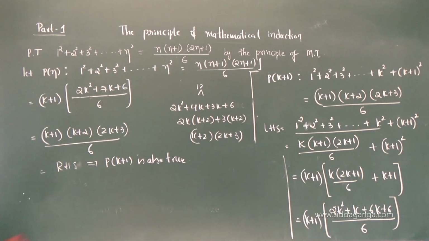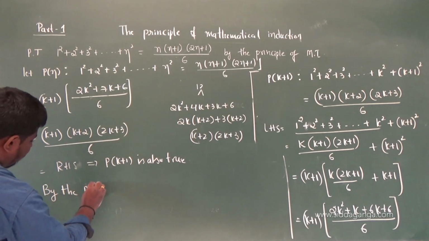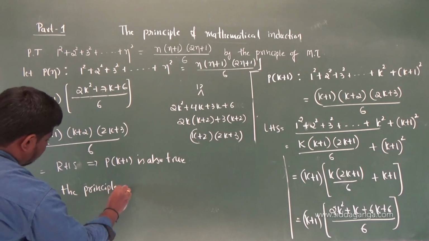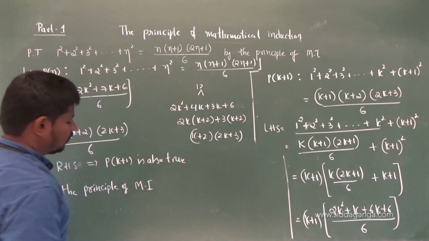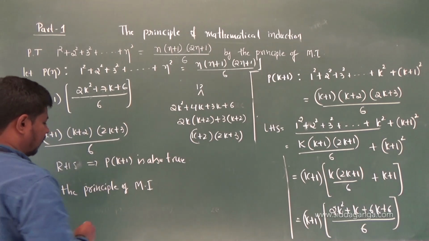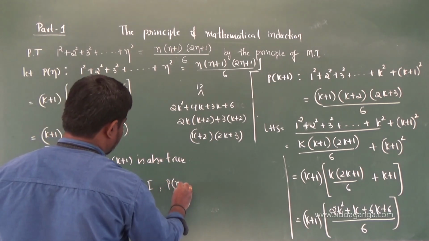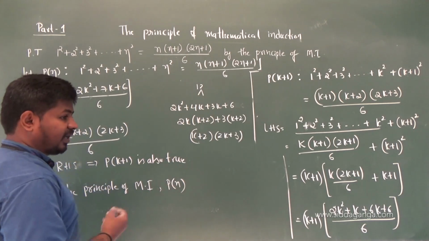Therefore, to write the conclusion is a must. By the principle of mathematical induction, you should write this, otherwise you will lose 1 mark. By the principle of mathematical induction, P of n, don't write P of k, some of you write P of k, don't write that.